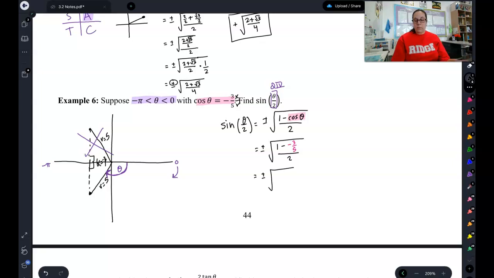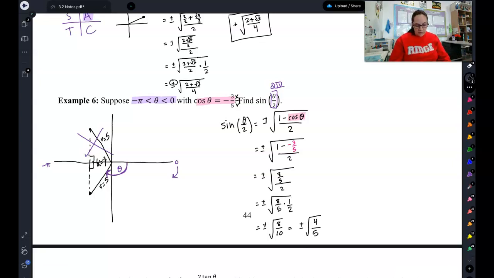So 1 plus 3/5 is 8/5. Keep switch flip. Gives me plus or minus square root of 8/10, or that simplifies to 4/5.